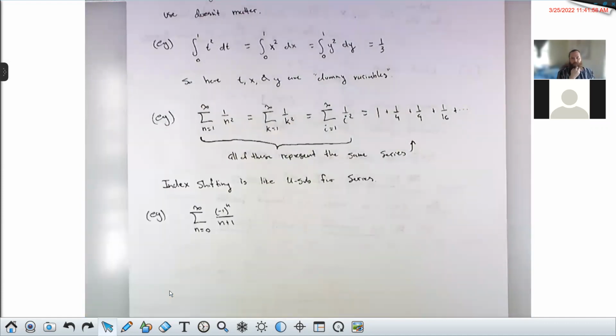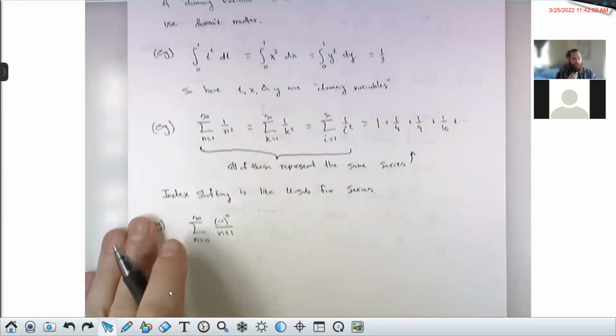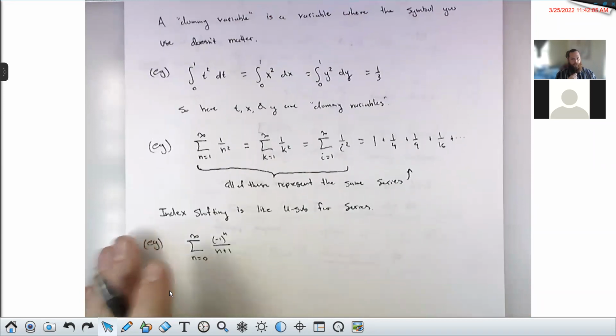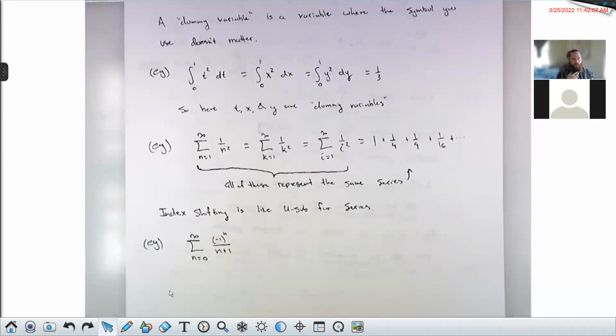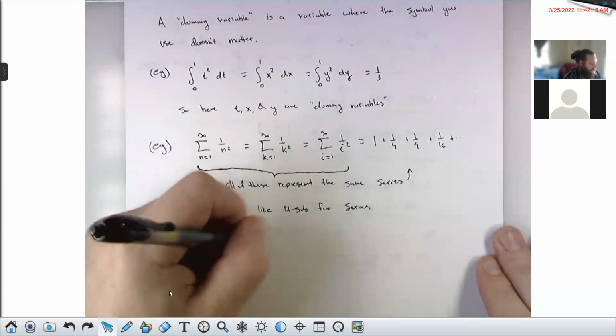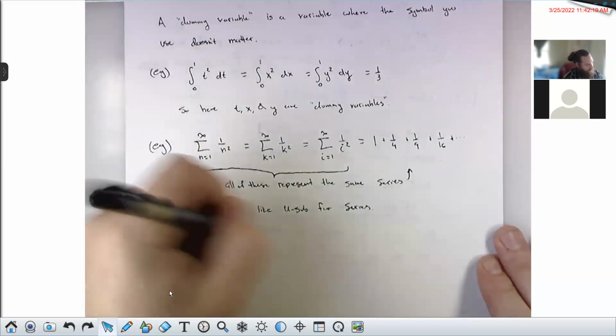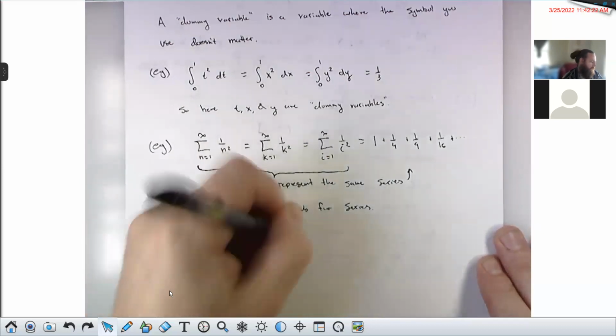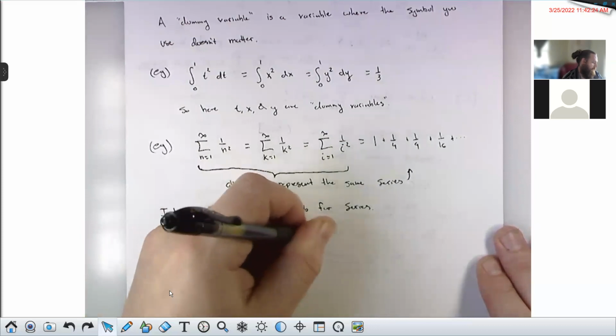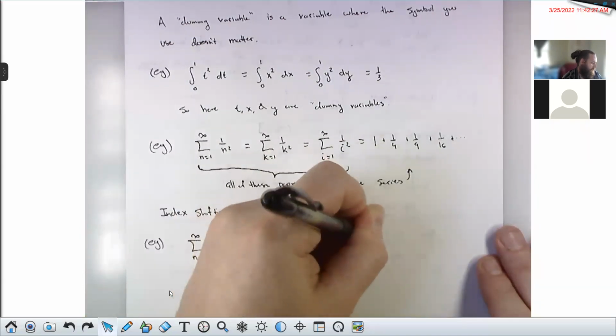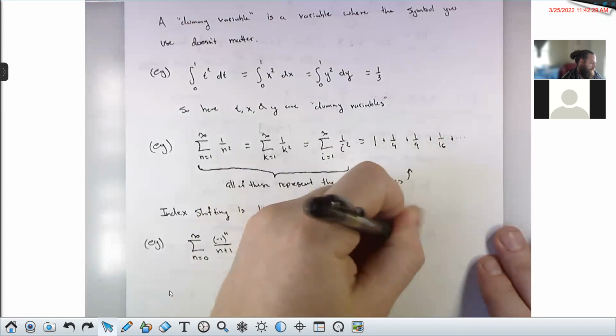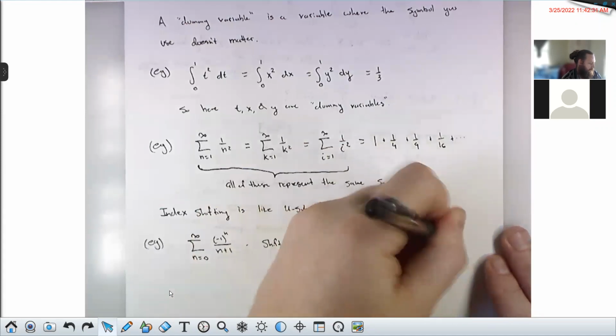I might want to shift this so that it starts at 1. So shift to make the series start at n equals 1.